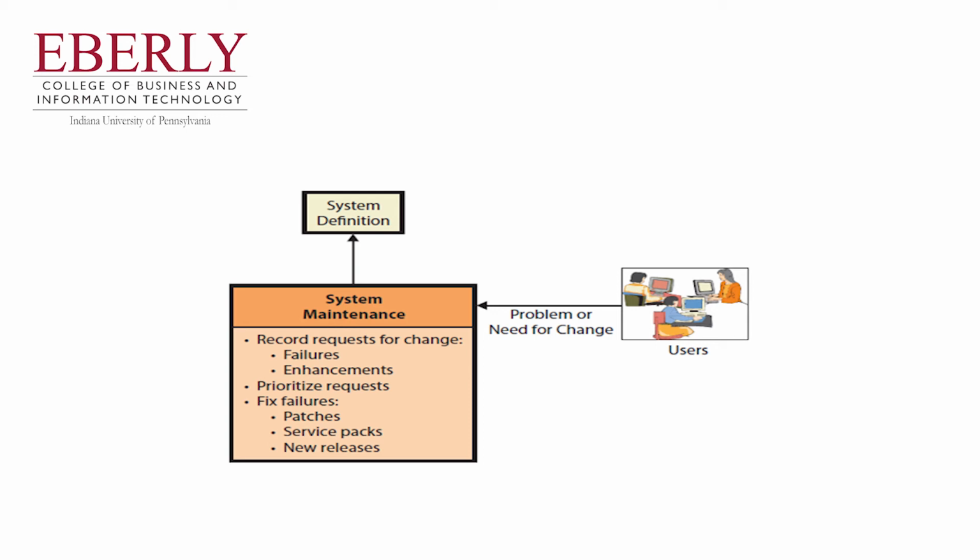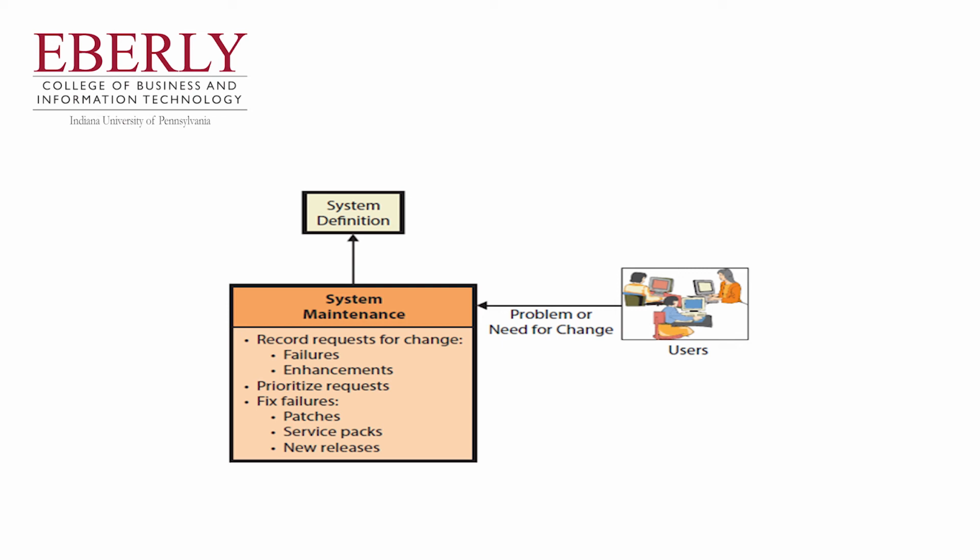Typically, information system personnel prioritize system problems according to their severity. They fix the higher priority items as soon as possible, and they fix low priority items as time and resources become available.